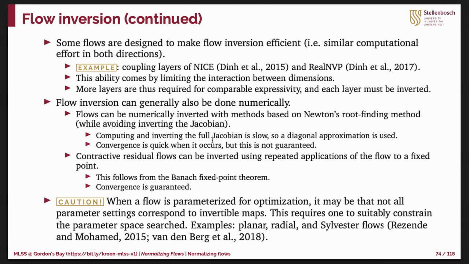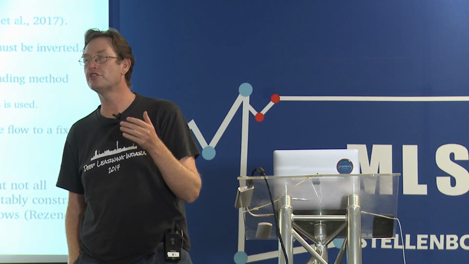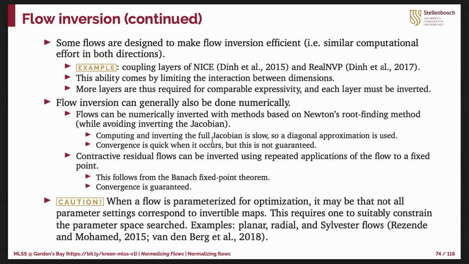In terms of numerical inversion, there are two main approaches that get used. The general approach is something like Newton's methods, quasi-Newton methods. Newton's method usually requires us to invert the Jacobian, which is not usually very tractable.